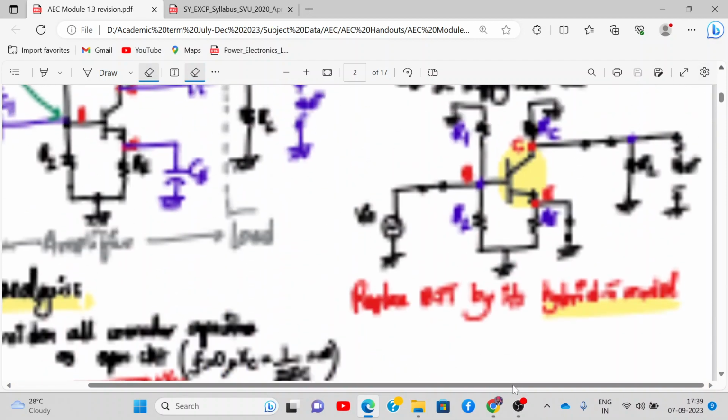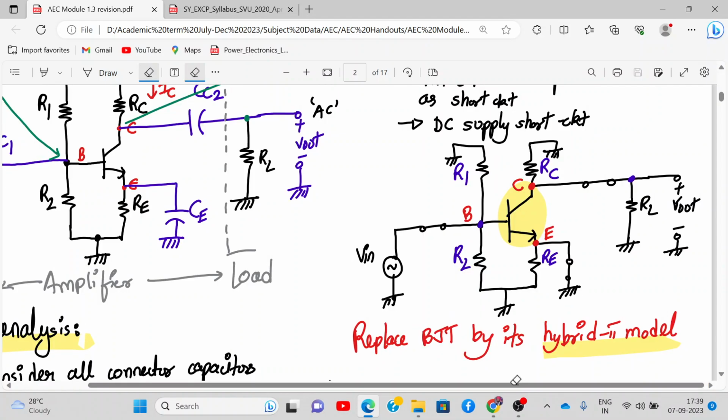Now I'll go over here and check what all things I will draw. From the base terminal, are R1 and R2 in parallel going to the ground? Correct? Yes, sir. R1 and R2 are in parallel going to the ground, and we have V in connected.